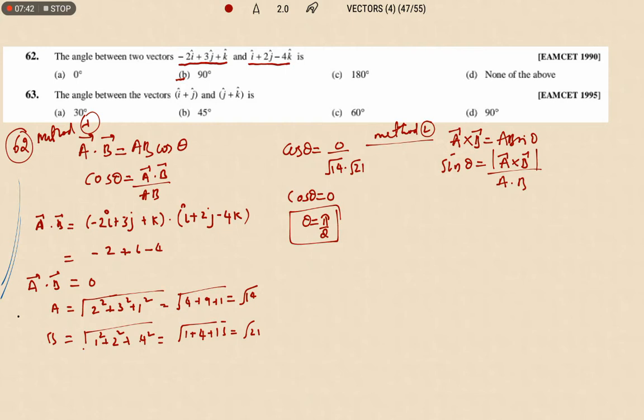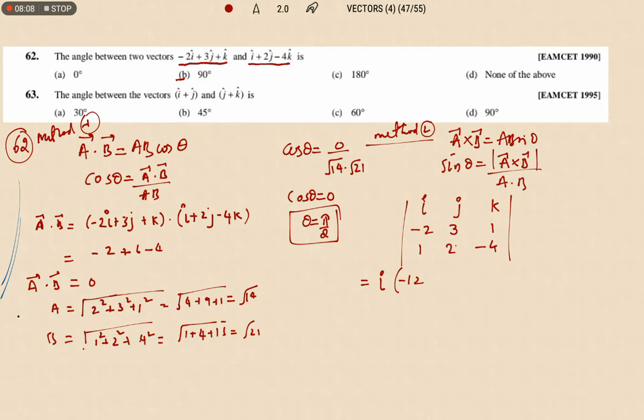To find a bar cross b bar, we are approaching with i, j, k. First vector is minus 2, 3, 1 and the second is 1, 2, minus 4. Let us find out the vector form of that. When I am writing i, we have to leave this i column and row.